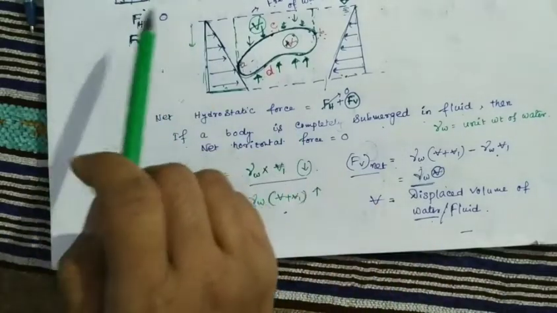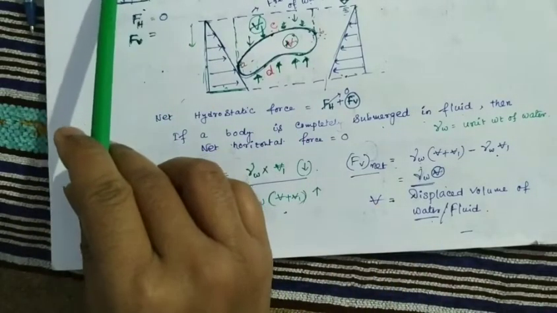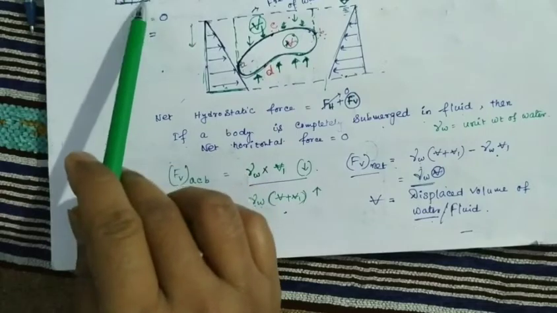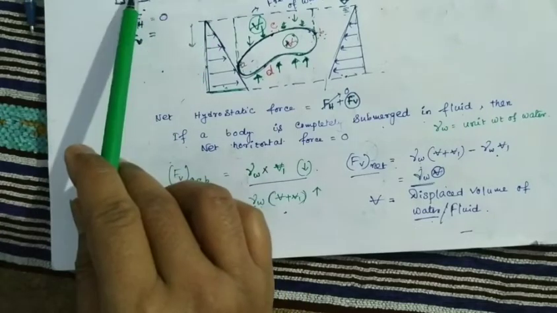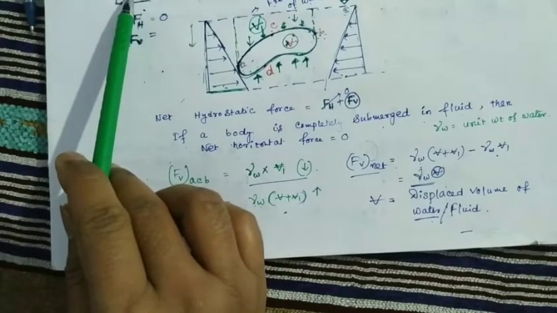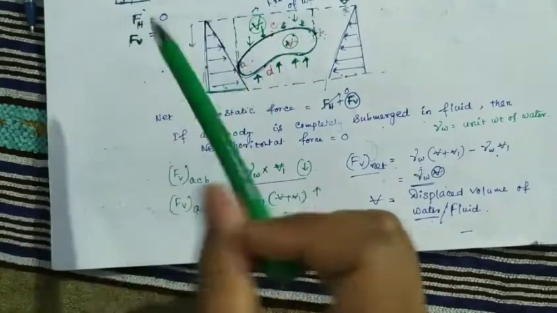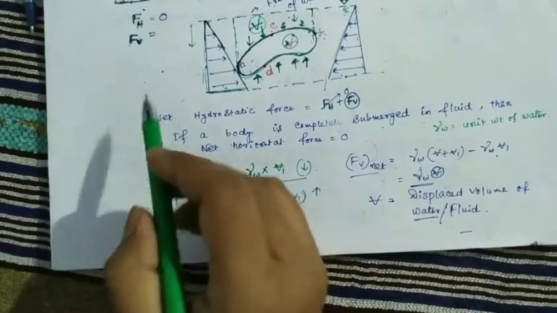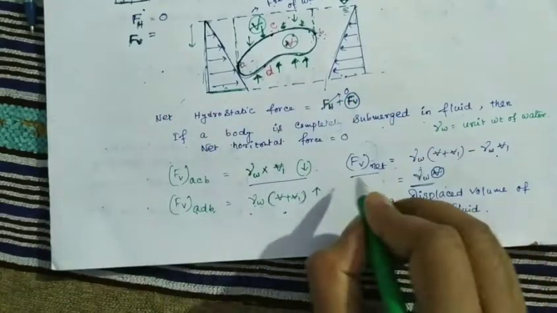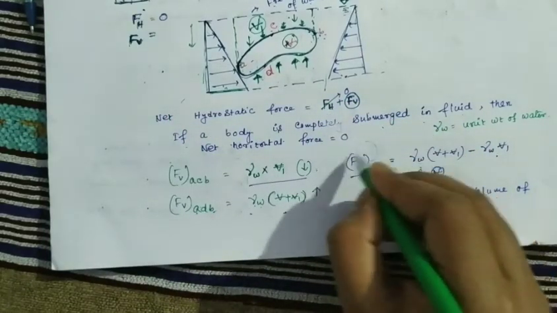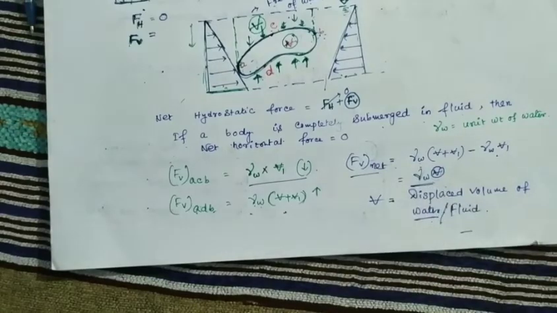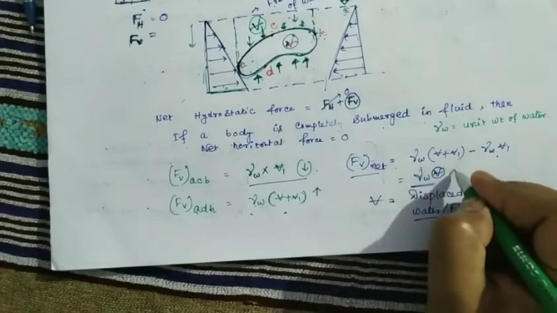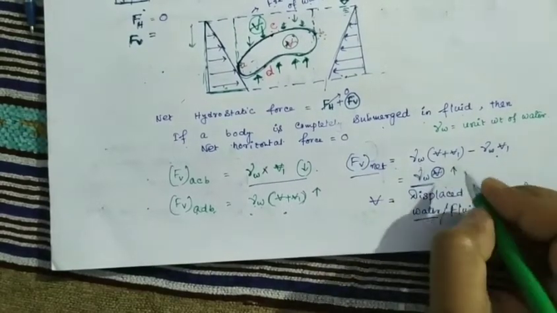For example, I take a container and a cylindrical solid body which is submerged in the fluid, and after calculating we got the result of net vertical force, which is gamma W V. It is in the upward direction.